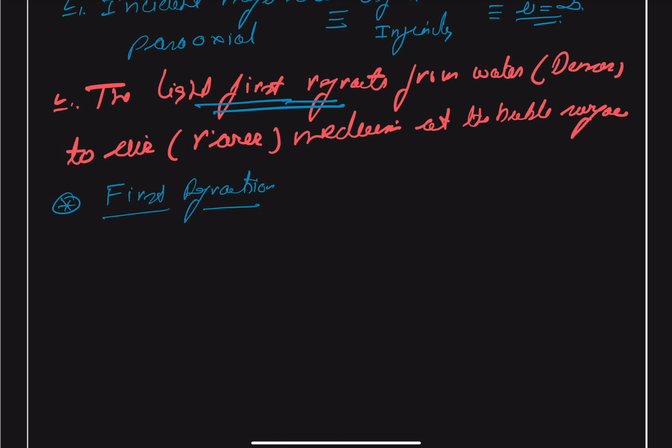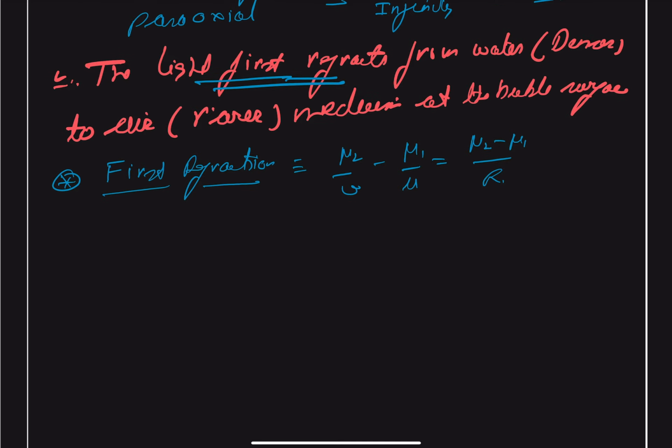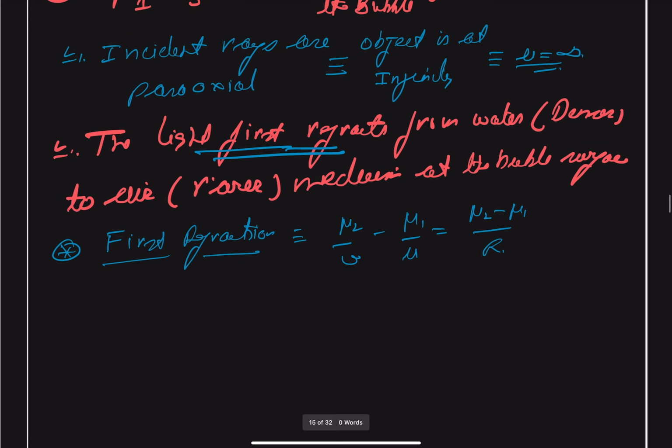And we can use the formula μ2 upon v minus μ1 upon u is equal to (μ2 minus μ1) upon R. And here R, because the center of curvature will be towards the incident light, so therefore we can substitute all these values. μ2 is our 1.